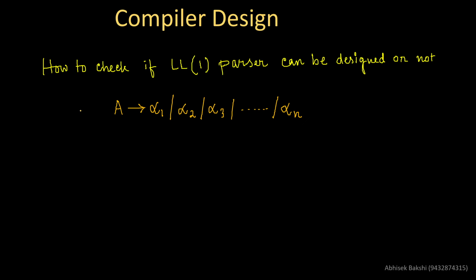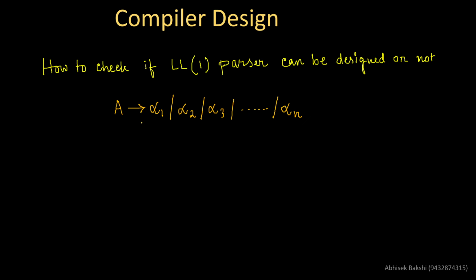But what is the problem here? In this production rule, if I want to design the LL1 parsing table, in which row will I put A to alpha 1? Obviously in the row A. And in which column?